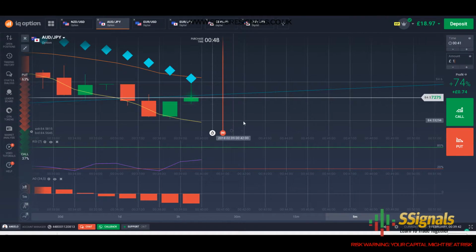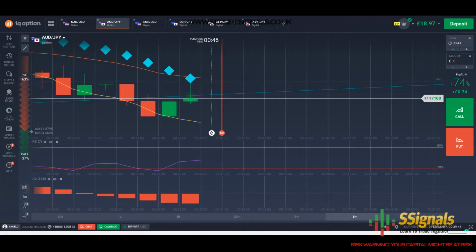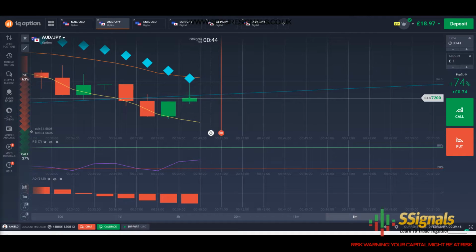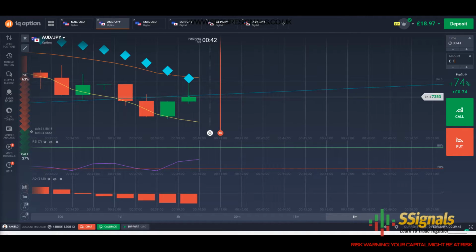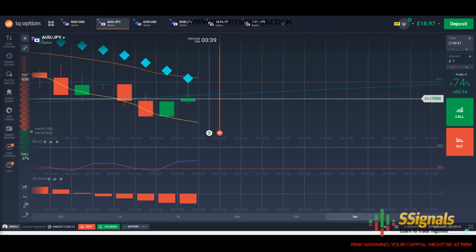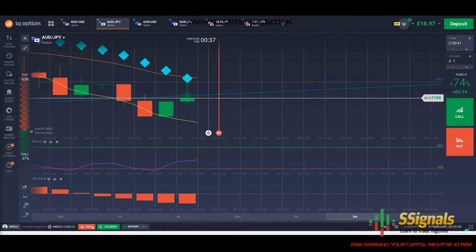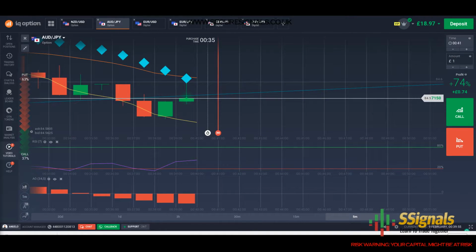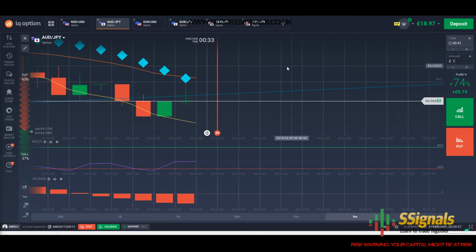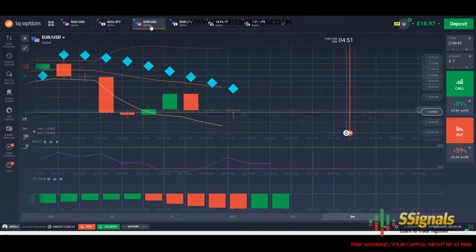Okay, so I'll just consider that we're pretty much a 1 to 2.5 win to loss at the moment. I'm going to go for another £2 trade for the next one as well.